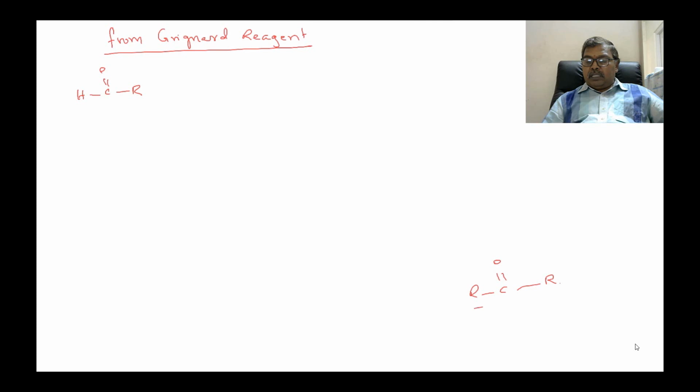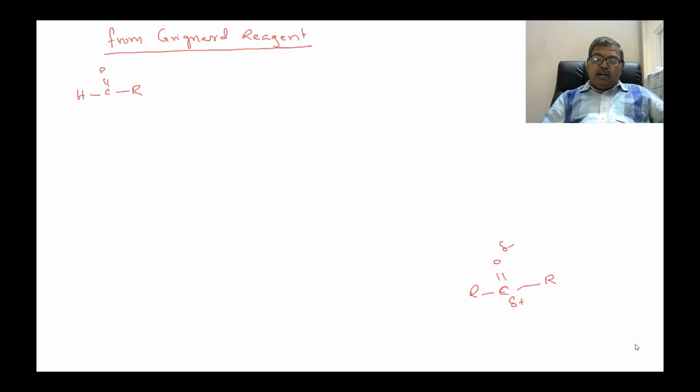This is the carbon chain totally. Now, carbon and oxygen: carbon is less electronegative and oxygen is more electronegative. Pi electrons are displaced towards oxygen. So carbon gets a partial positive charge, oxygen gets a partial negative charge.